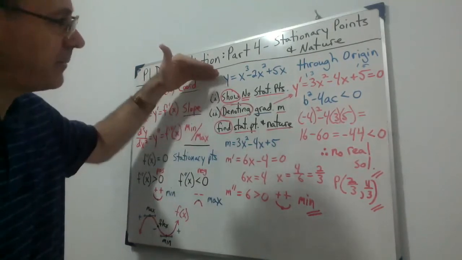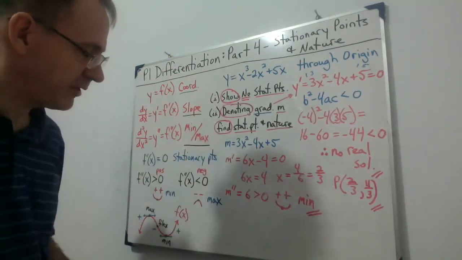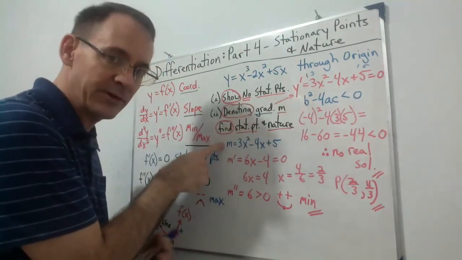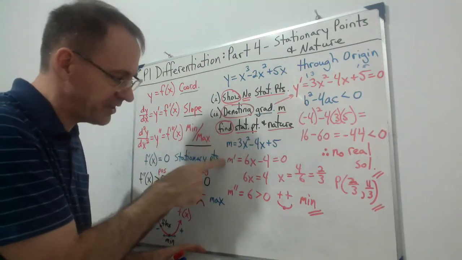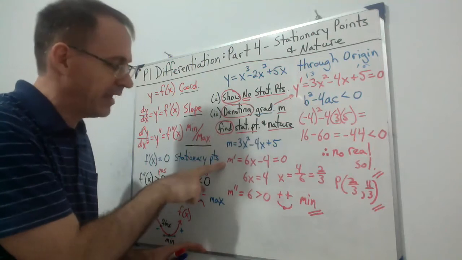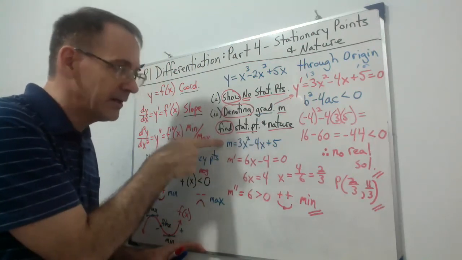So if it was from the original, it would be first derivative, second derivative, third derivative. But what they did was they redefined the first derivative as m, and then asked you to find the stationary point from there, which is one derivative down, and then the nature, which is two derivatives down from here.